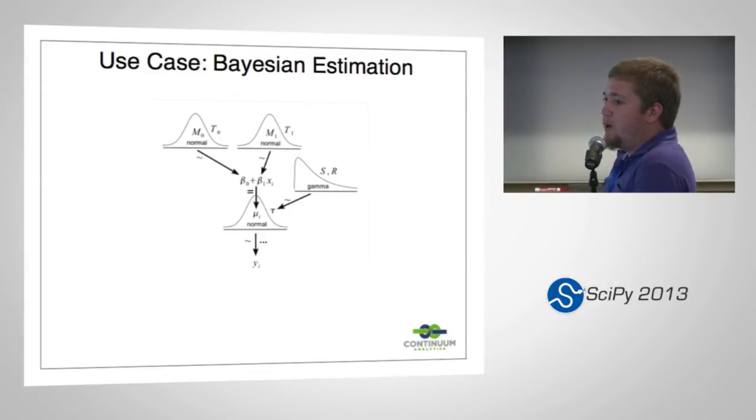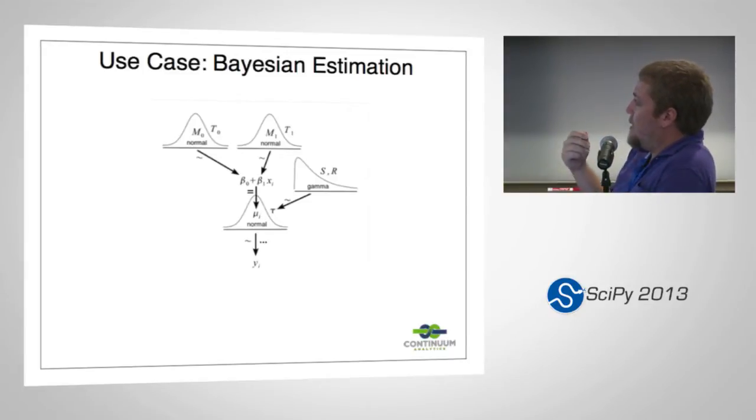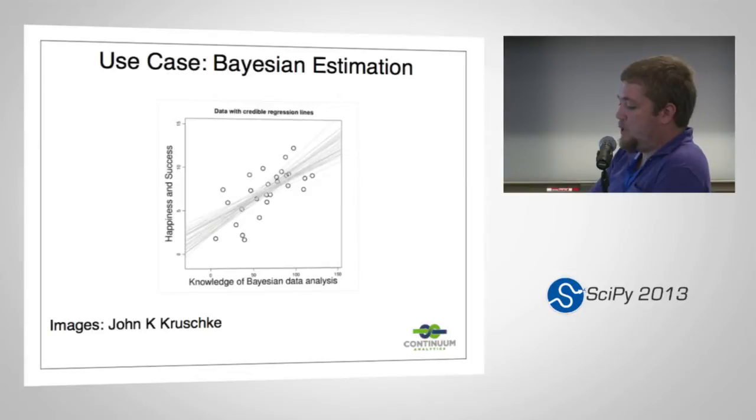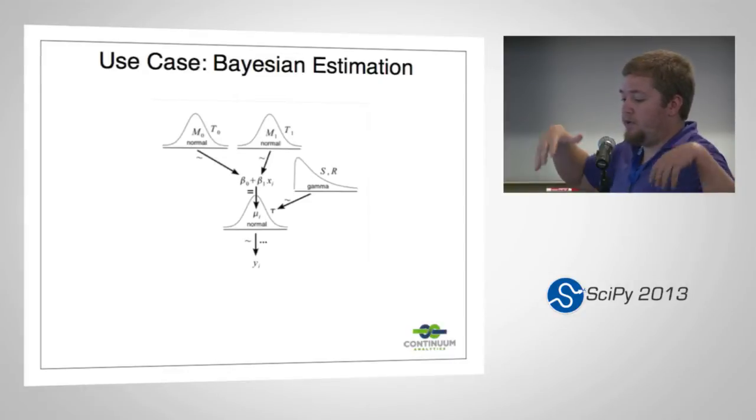But what we're doing is putting a probability distribution on each piece of the parameter space we're looking for, the parameter space being the intercept and slope of this line. So we're putting normal distributions on these betas here, and those are our priors.